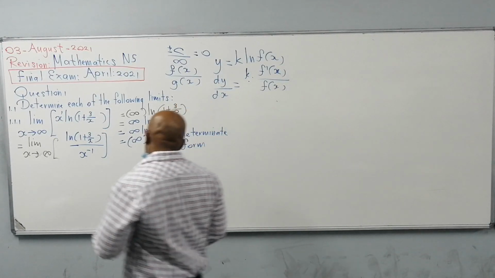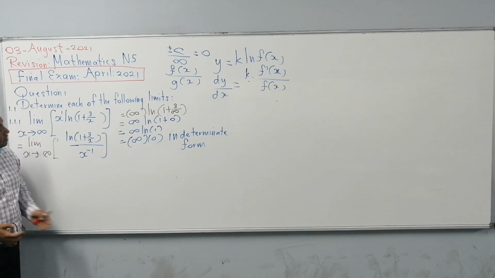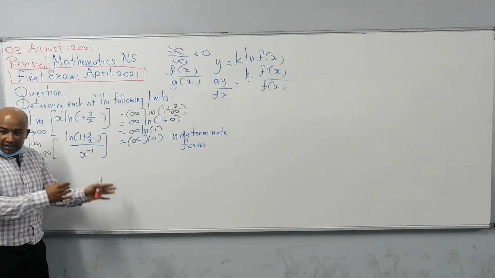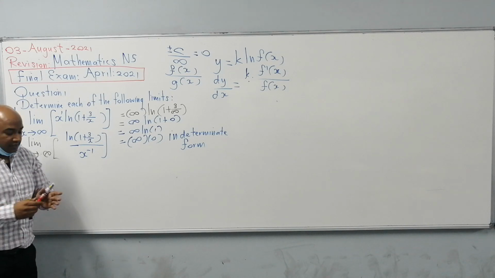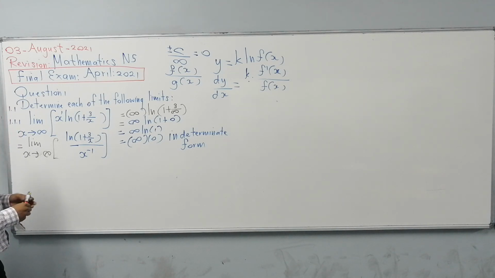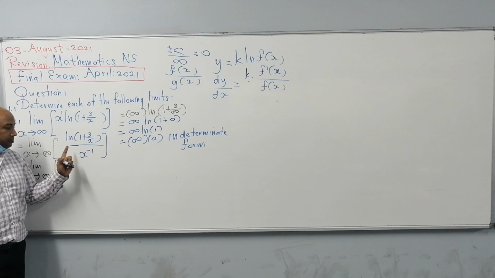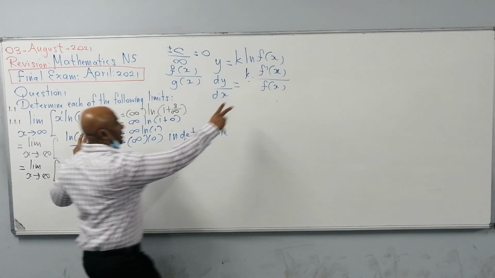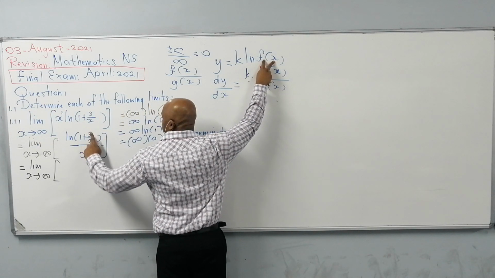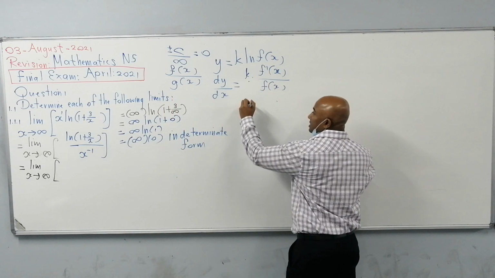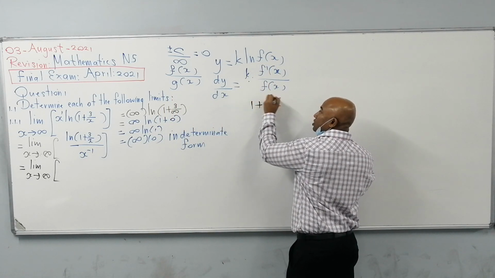Alright, so we rewrote it as a fraction. Now we differentiate the numerator and differentiate the denominator separately. So this is equal to, you always write equals first, then you copy down the limit as x approaches infinity, and differentiate the numerator. Your f of x here is 1 plus 3 over x, which is 1 plus 3x to the power minus 1.